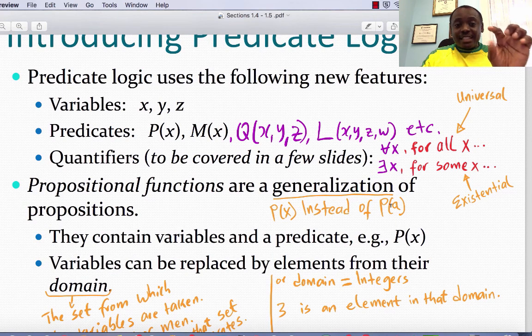That becomes an example, becomes a proposition. Okay, so P of X is a propositional function, and P of A is a proposition. So P of A would have a truth value of either T or F. But P of X is a generalization. It has no particular truth value. Its truth value would depend on the value of X, on what X is.